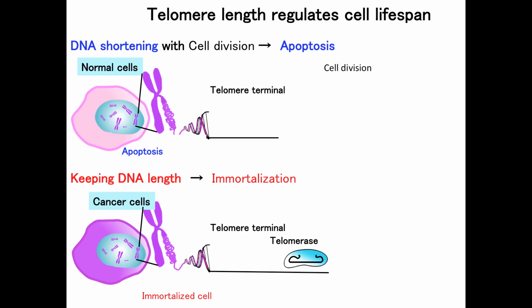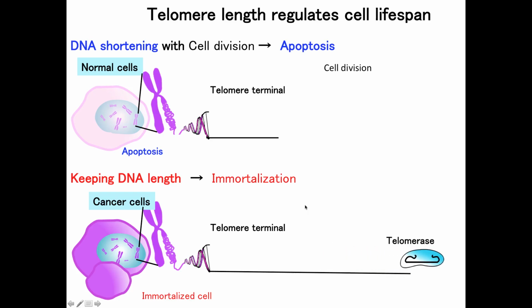But in the case of cancer cells, telomerase can elongate the telomere terminal, and it means that this cell becomes a cancer cell, because these cells cannot die by apoptosis.